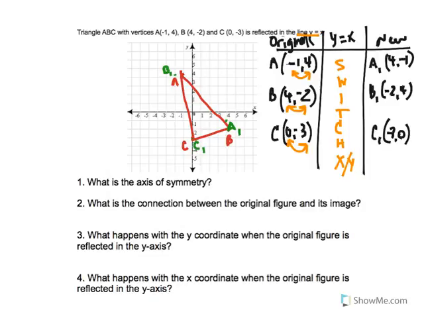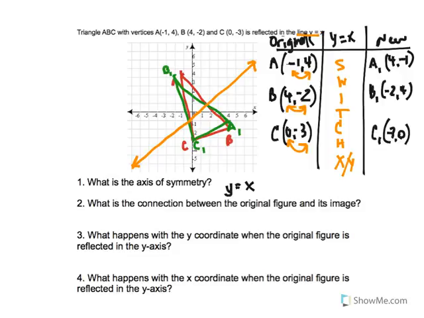So C prime will stay the same. So here is our new figure. Okay. And I'm going to show you the line y equals x is this line here that passes through the origin. So it makes sense that if we were to reflect something over the line y equals x, that the x and y would reverse. So what is the axis of symmetry?